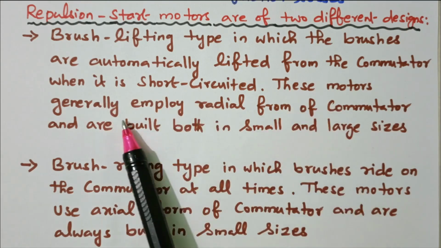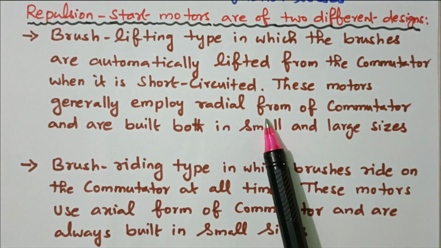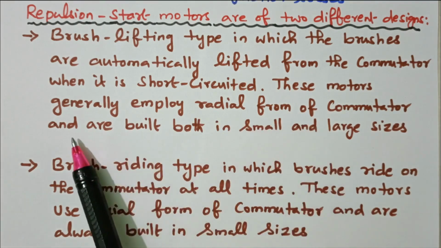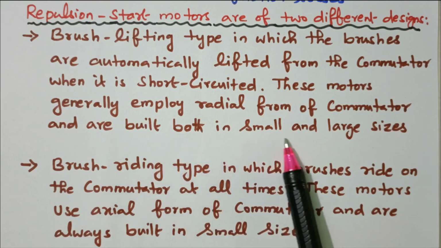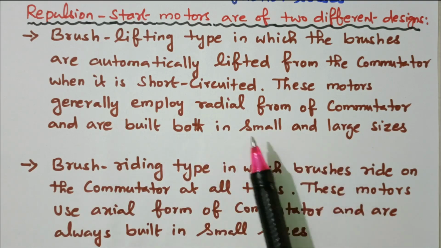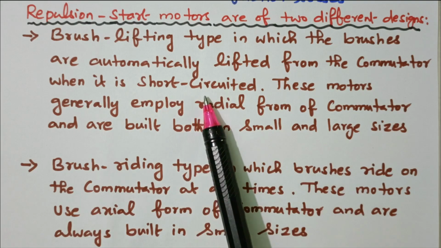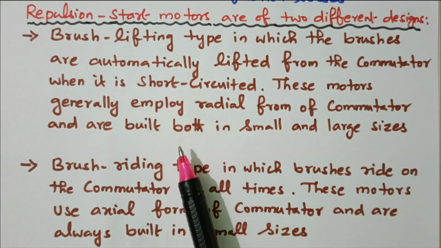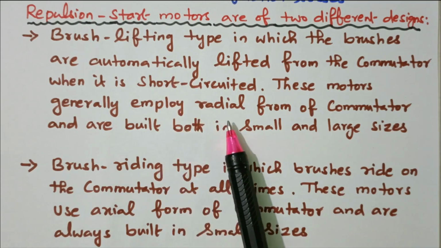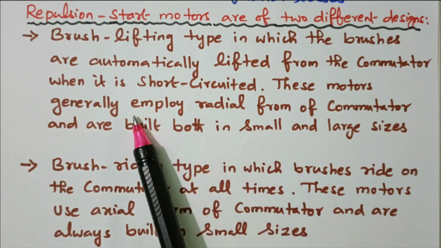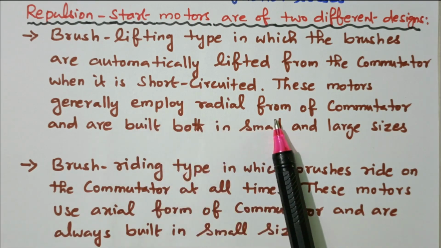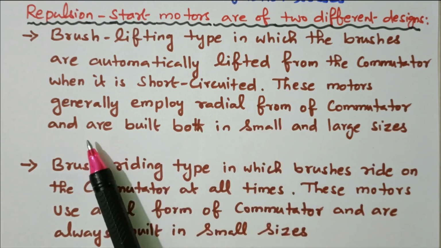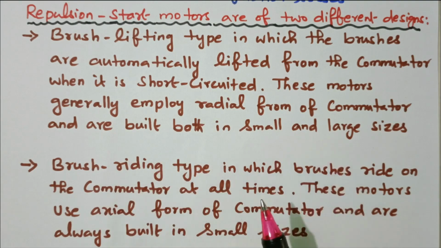These motors generally employ a radial form of commutator and are built in both small and larger sizes.